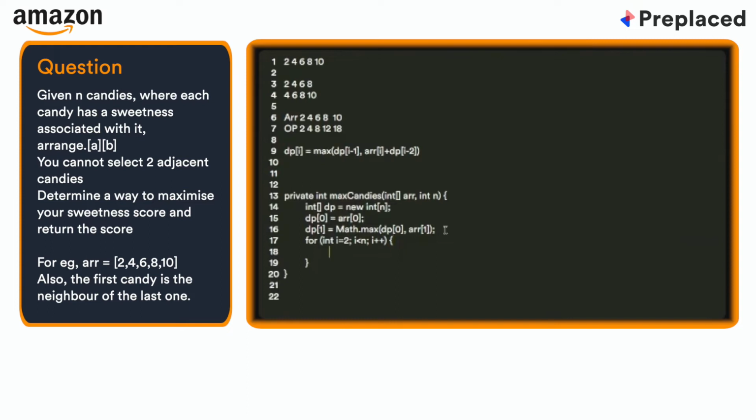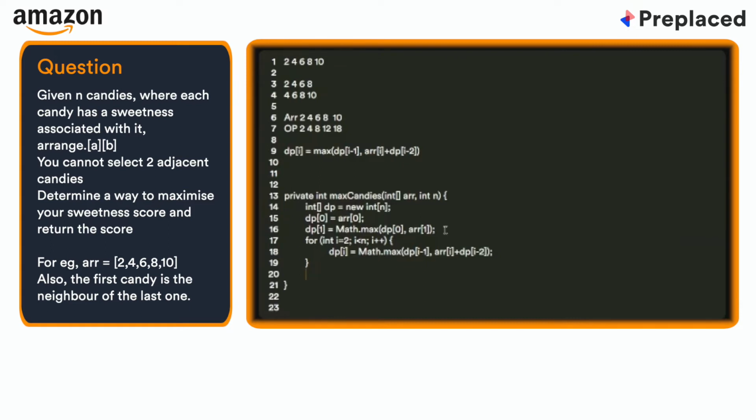For i equals 2, i less than n, i plus plus, dp at index i is equal to math dot maximum of dp at index i minus 1, or array at index i plus dp at index i minus 2. I think this will suffice.